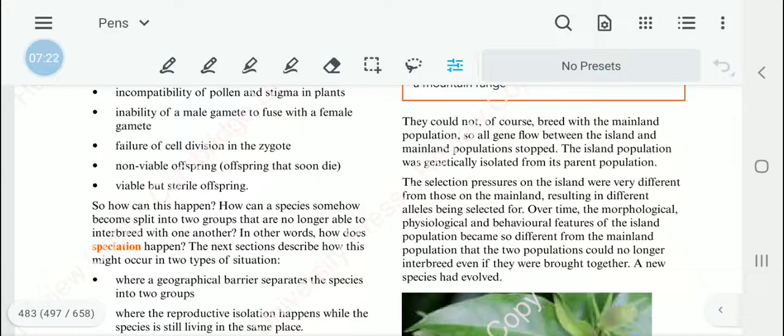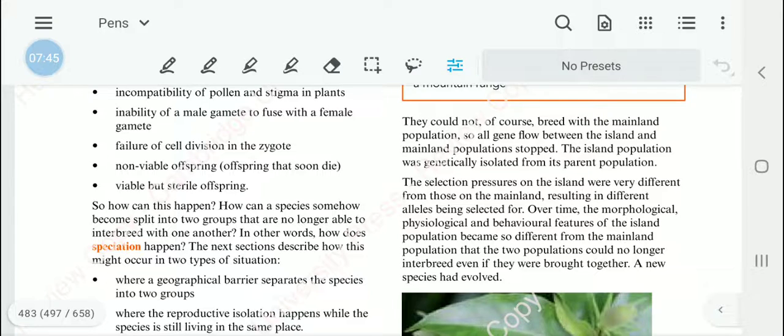As a result, the conditions on the island and the mainland are different, so selection pressures on the island are different from the mainland. As a result, different alleles would become prominent on the island.